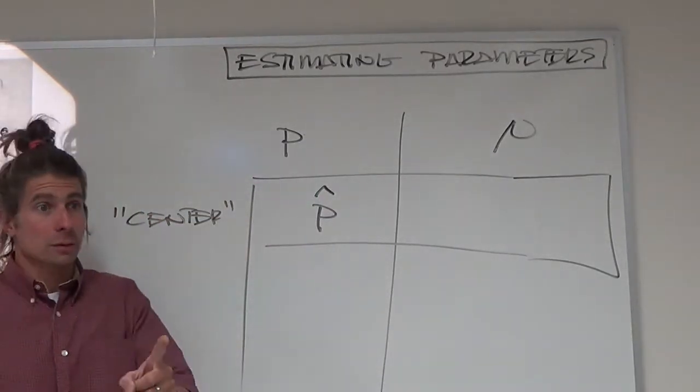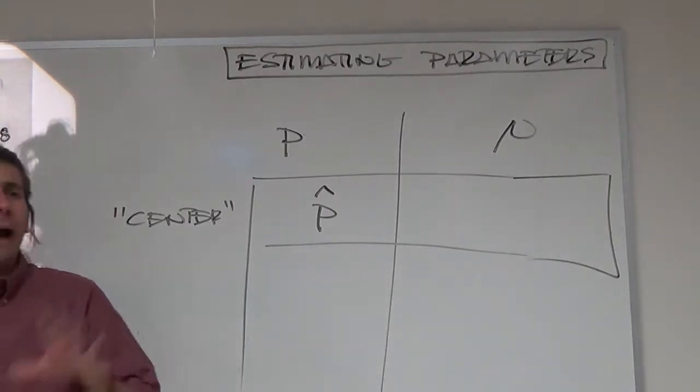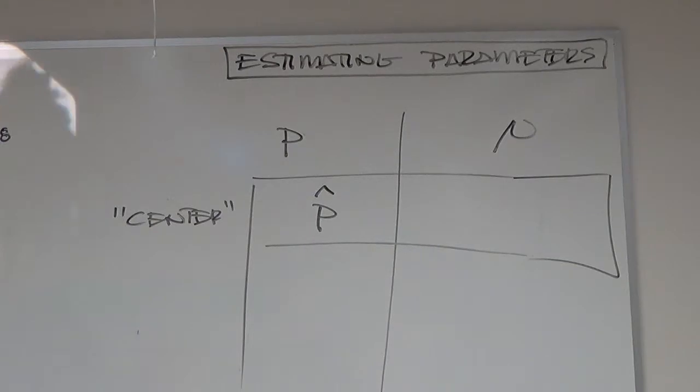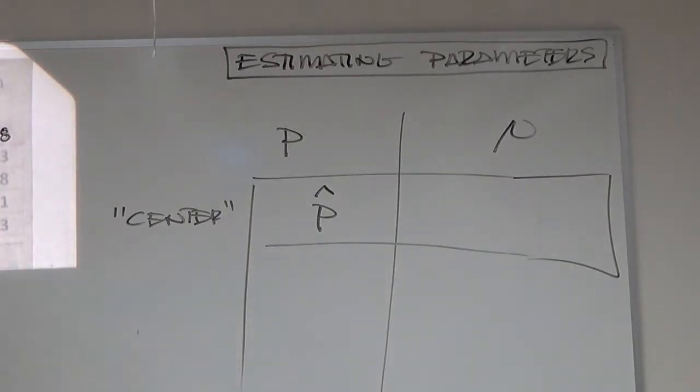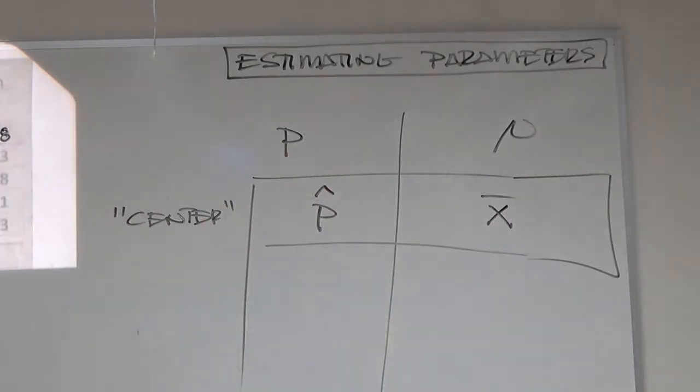The center of the data set that we're collecting for average data. I notice I said average and not continuous. It's usually continuous because it's a measurement, but you can also average discrete data, and you'll see why momentarily. But that average, we're going to call X bar.